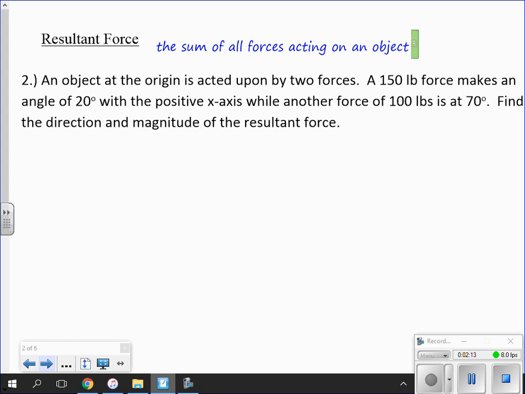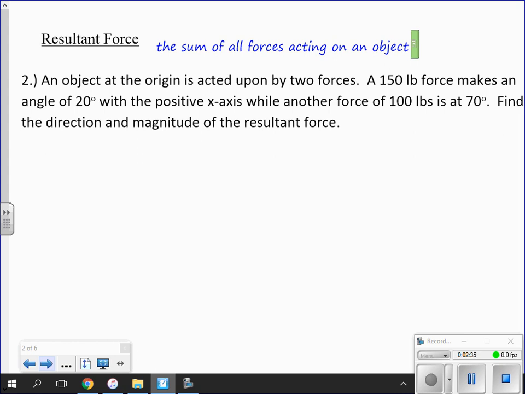Think about a tug of war. If you have one side pulling with one force, one side pulling with the other force, the way the flag moves in the middle is the resultant vector of the forces. Okay, that's what that is. And so many things in physics can easily be described this way.